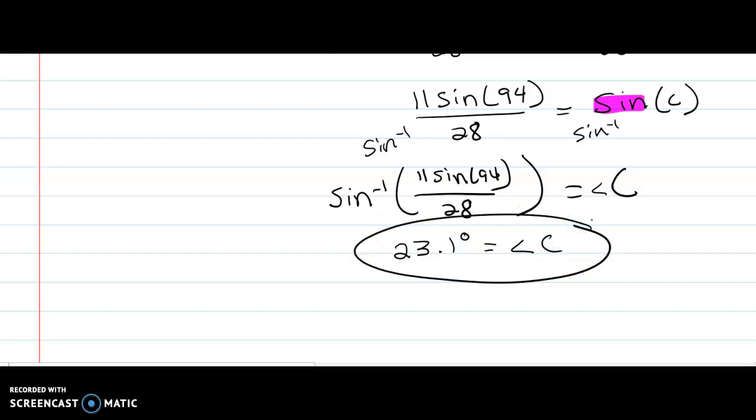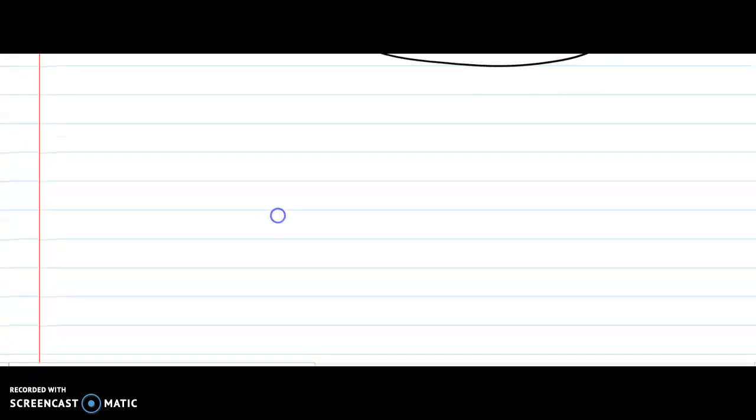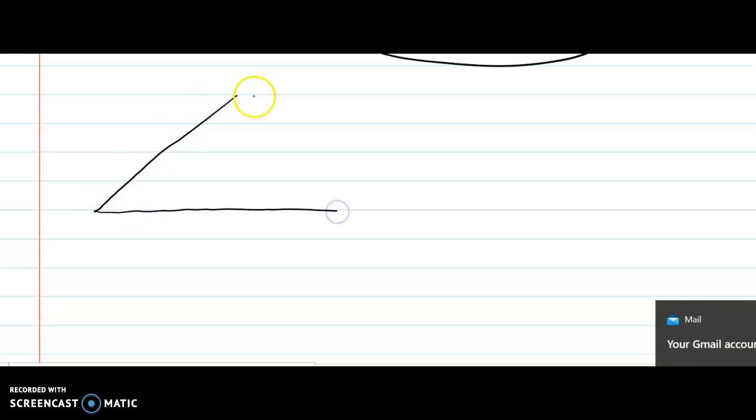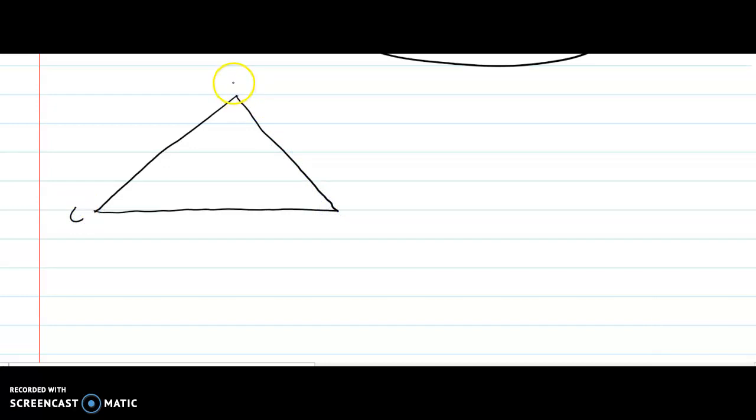Okay, so there's law of sines. The next law is law of cosines. For this one, we're going to do another triangle. This is 24, this is 21, and this is 27. Okay, so let's solve for angles here.